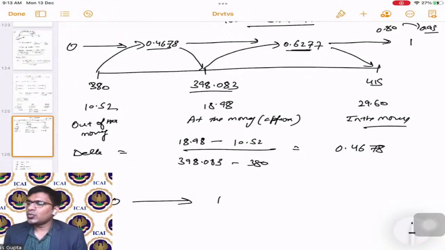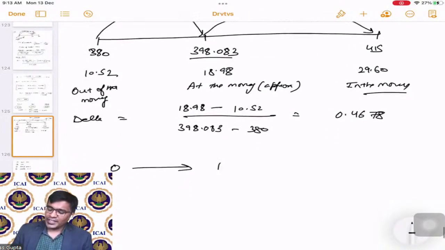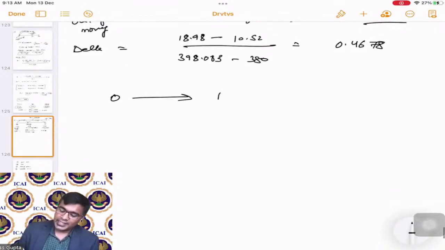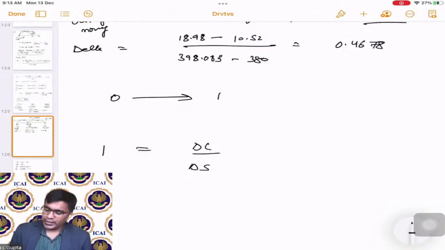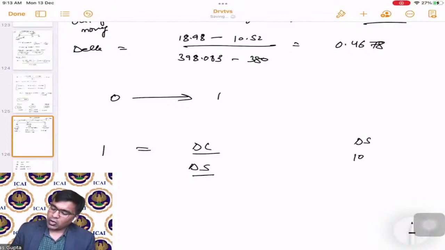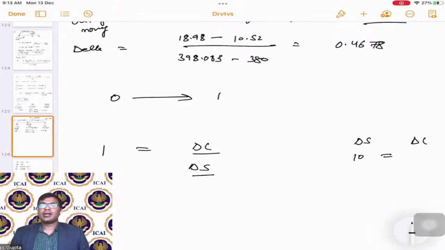Ambika is asking, sir, 0 to 1, what does 1 indicate? 1 indicates exactly 1 time. If it is 1, that means any change in call option will be exactly equal to any change in spot price. For example, your spot price changes by 10 rupees. There is a change in spot price. So the change in call option will also be 10 rupees.